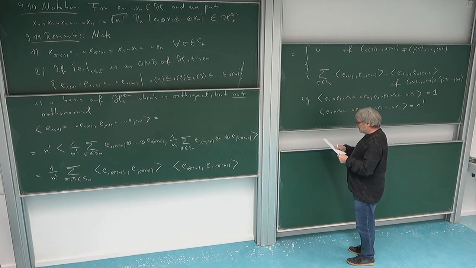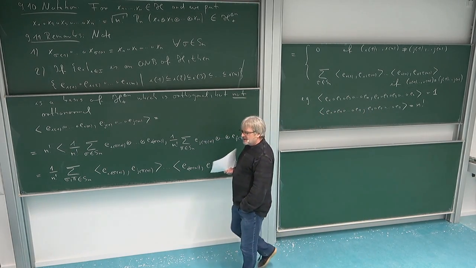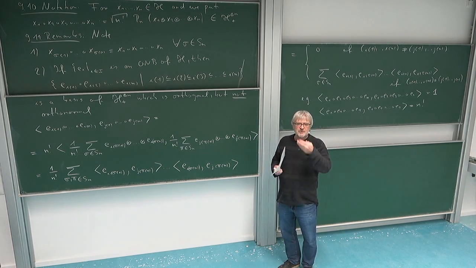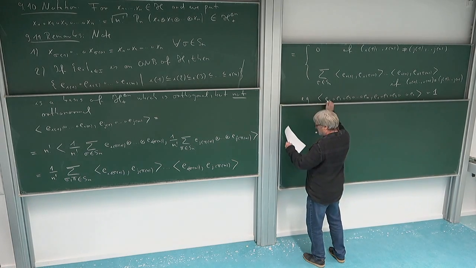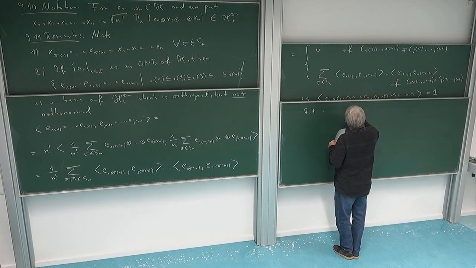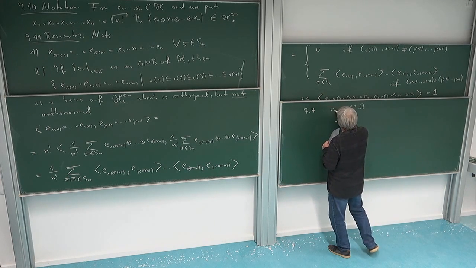And maybe if you're looking back, when I talked about the one-dimensional CCR in the language of A and A star, I created out of the vacuum something which I called En. So in 7.4, we looked at guys where I took the A star, the nth power, acting with this on omega, and then I got something which I denoted by En.